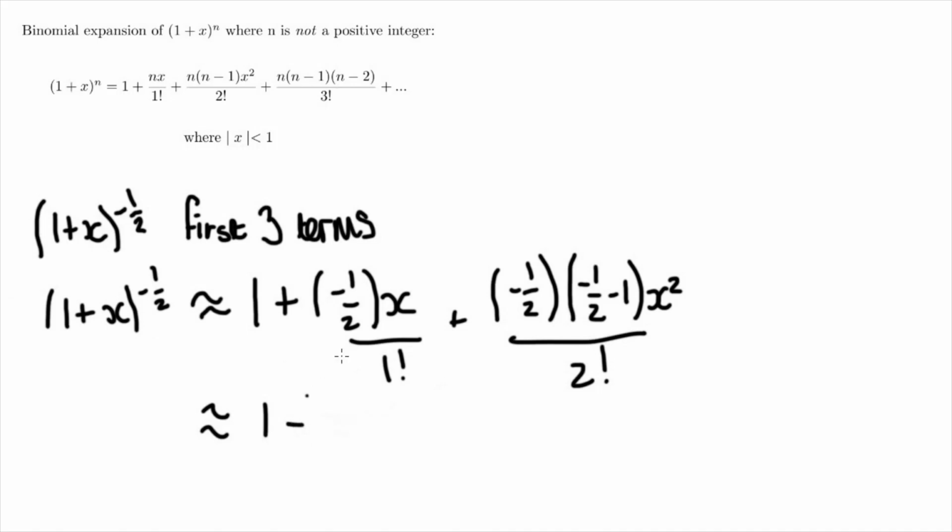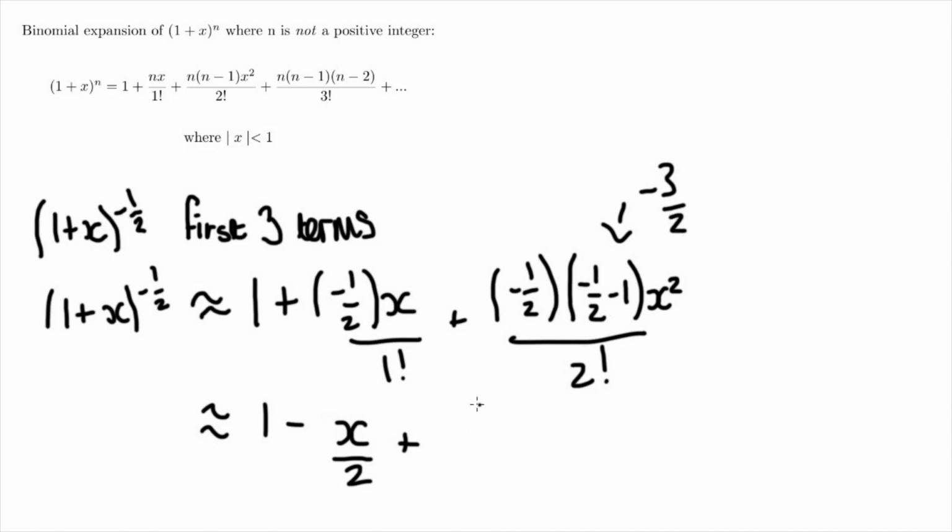So after some simplifying, we get 1 minus x over 2 plus minus a half multiplied by, so this here is minus 3 over 2.